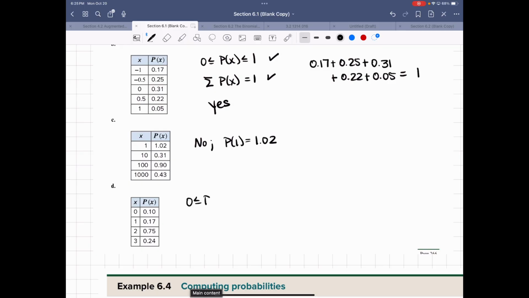But now we need to check if they add up to 1. It adds up to more than 1? Okay. We're going to say that it is greater than 1, so it's a no. Okay?